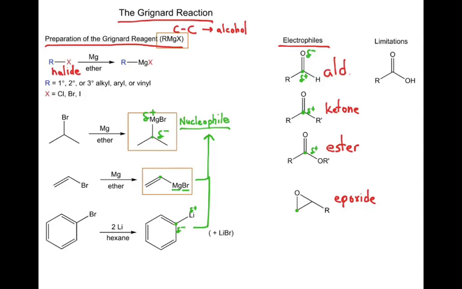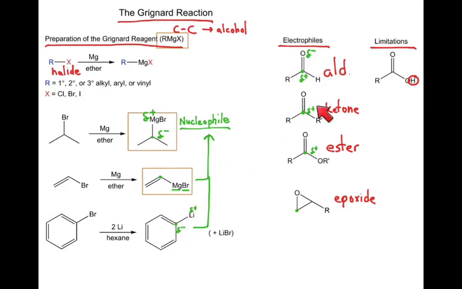And one thing I just want to mention, there are some limitations to the Grignard reaction. And the limitation is whenever we have an acidic proton, the Grignard reaction is not going to proceed. And why that is, this is a good nucleophile, but nucleophiles are always in competition to be bases.